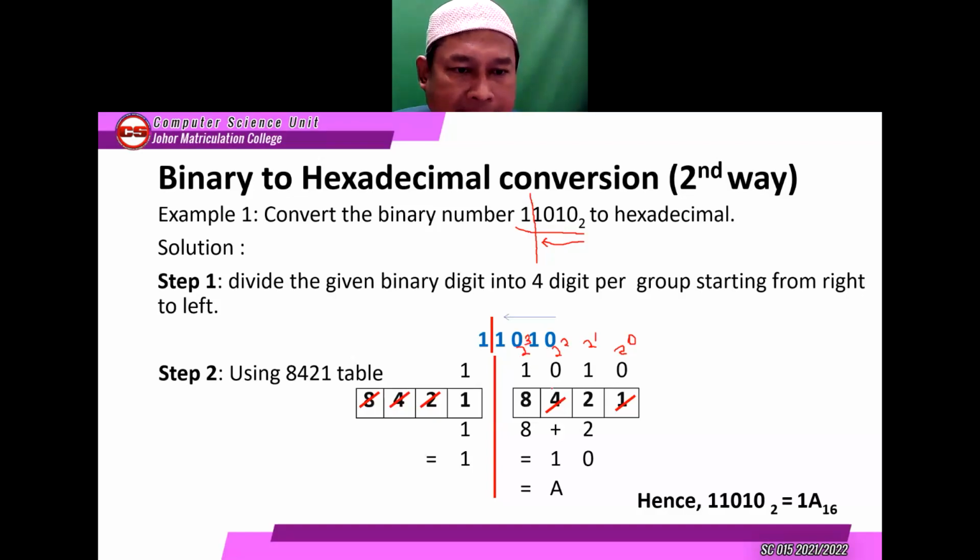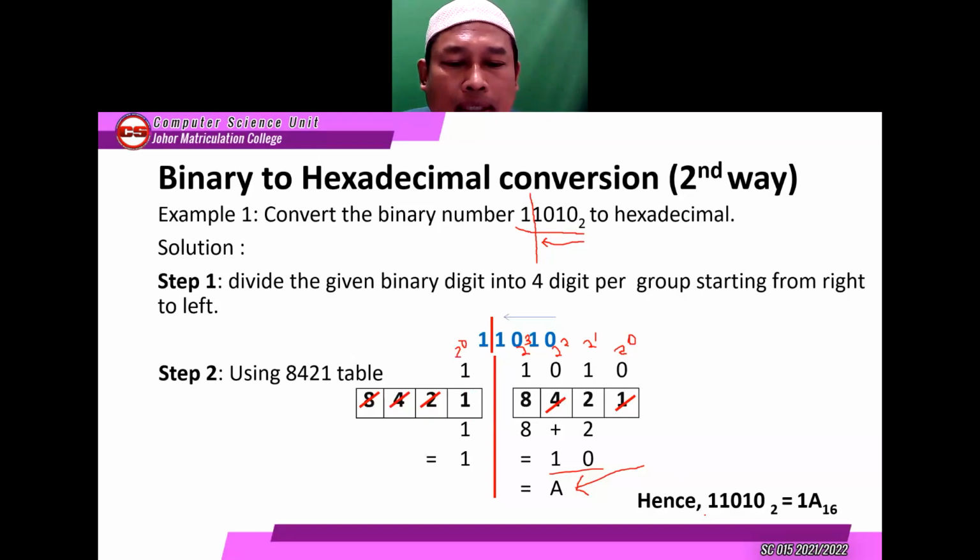So 2 power of 3 is 8, 2 power of 2 is 4, 2 power of 1 is 2, and 2 power of 0 is 1. So 1010 is 8 plus 2, which is 10. In hexadecimal number, the symbol for 10 is A, and then the second group 1 means 2 power of 0. So 2 power of 0 is 1.